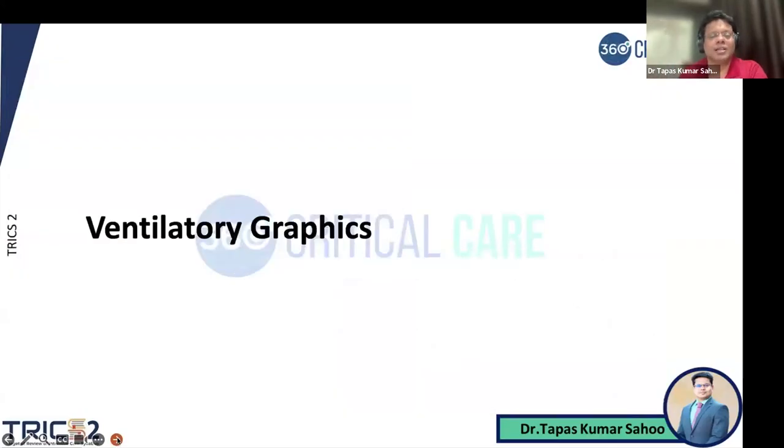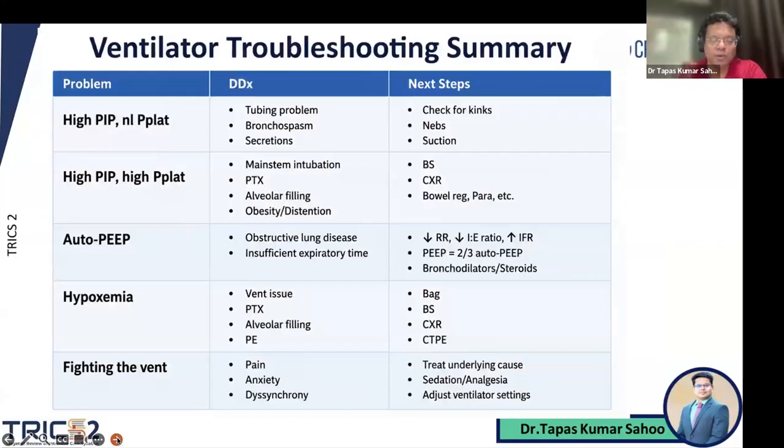Okay, so then the ventilatory graphics, I would be only coming to the main highlights, because we do not have much time. Rather, we can discuss it in our subsequent conceptual videos. But in summary, the problem can be divided into something like this: high peak inspiratory pressure, normal plateau pressure.